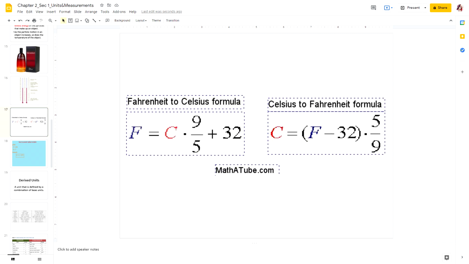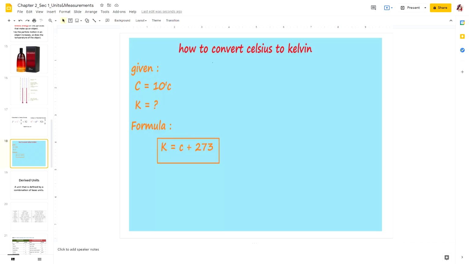And from Fahrenheit to Celsius, you have to subtract 32 from Fahrenheit and then multiply it by 5/9, and you get the Celsius reading.